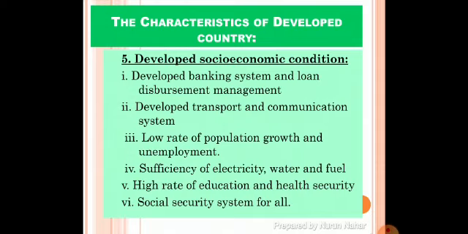In this way, more investment can occur. The transport and communication systems of those developed countries are very improved so that they can easily carry the produced goods and commodities from the field to the door of the people. Population growth is very low in developed countries and the unemployment rate is also very low.